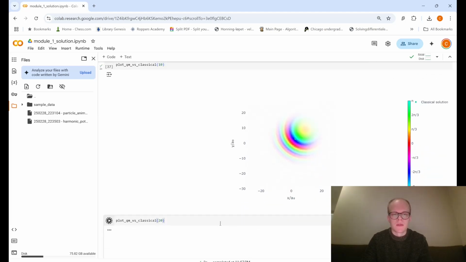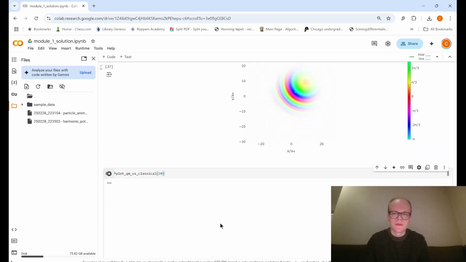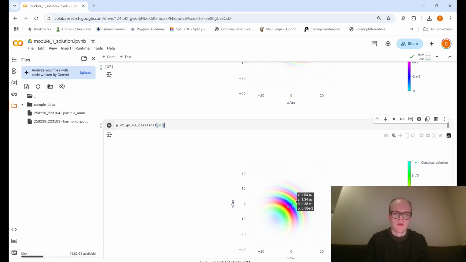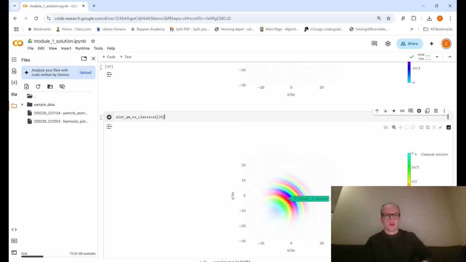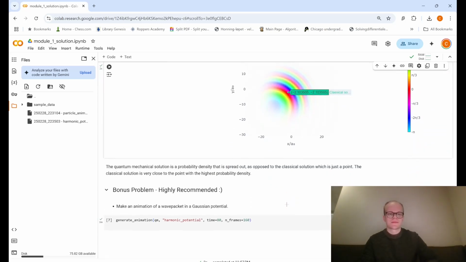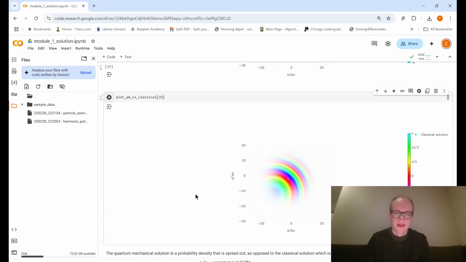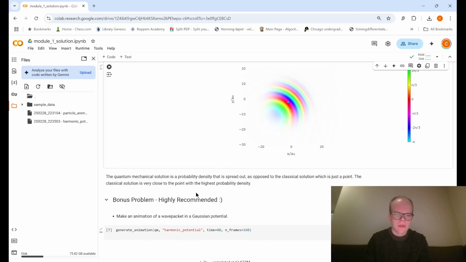And after time equals 20, you see that it's moved all the way over here, and it's curving the other way. So naturally the quantum mechanical solution gives a probability density, so it's spread out, whereas the classical solution is just a point. All right, makes sense.